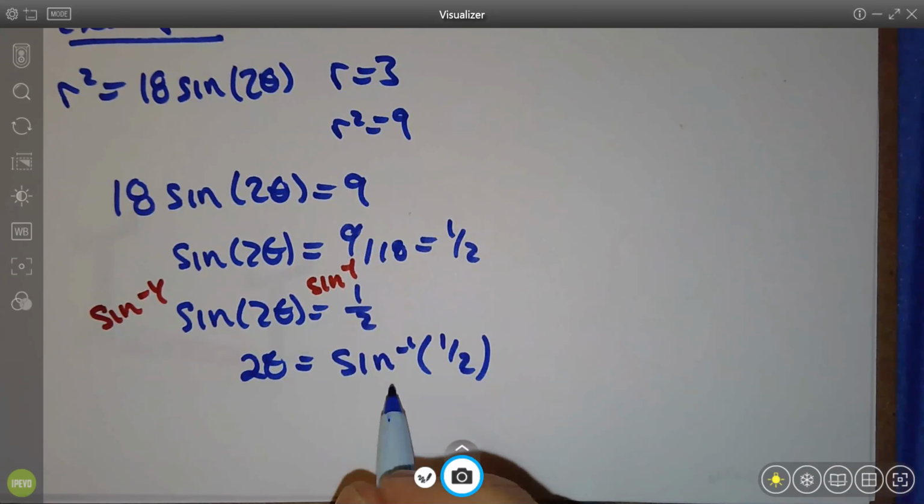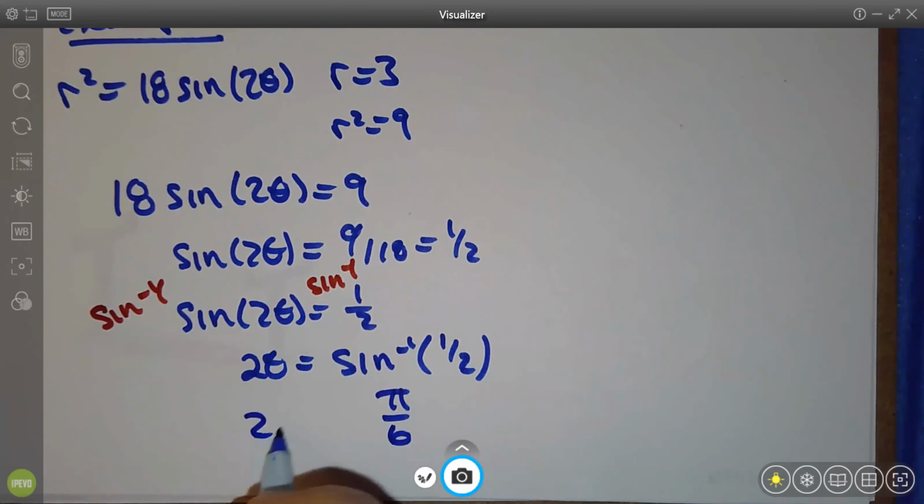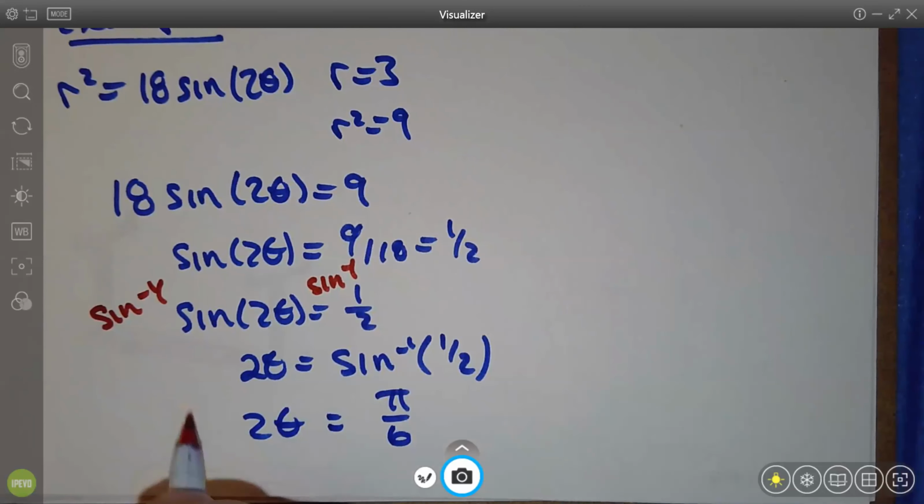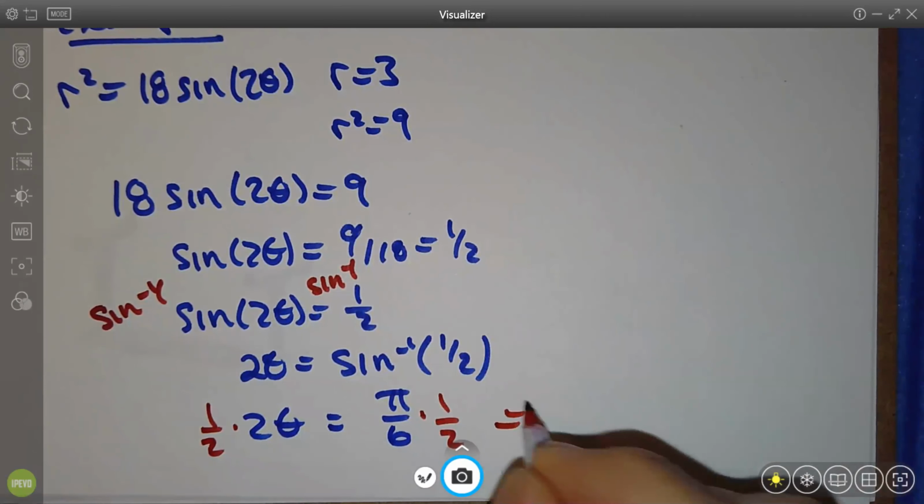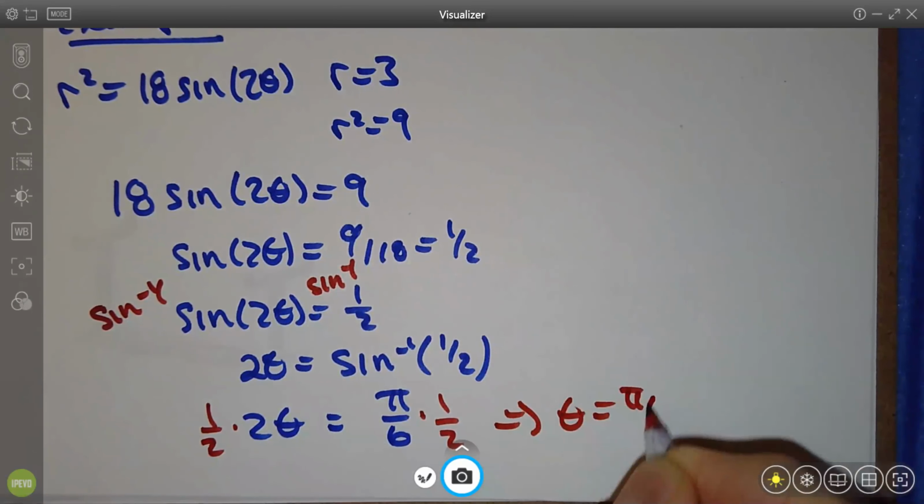The first place that has a sine, a y-coordinate of 1/2 on the unit circle is pi over 6. But that's 2 theta. If I want to know what theta is, then I've got to divide both sides by 2, or it's probably easier to multiply by 1/2. So if I multiply by 1/2, that cancels, and I'm left with theta is pi over 12. Yay. So that's the point where those two things meet.